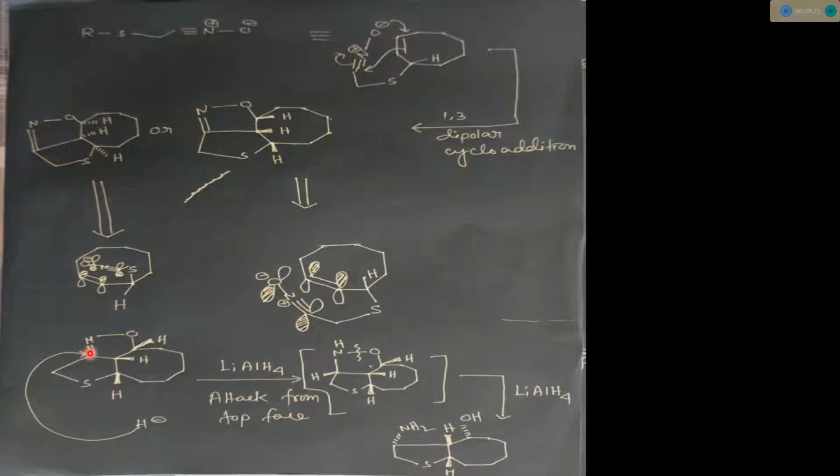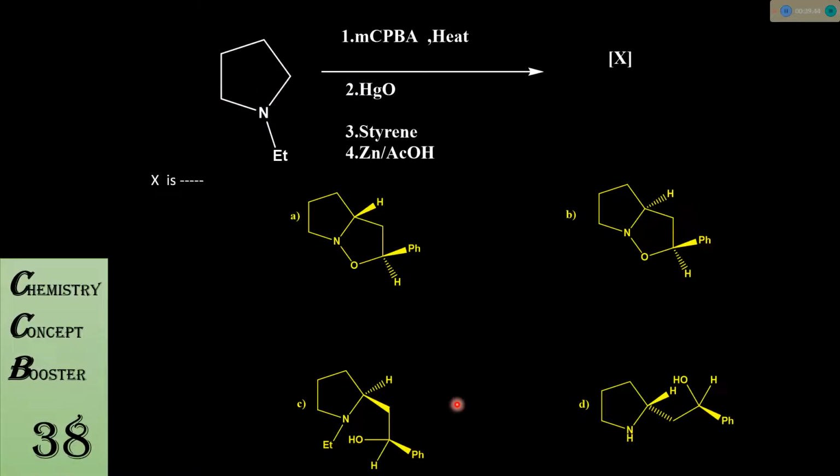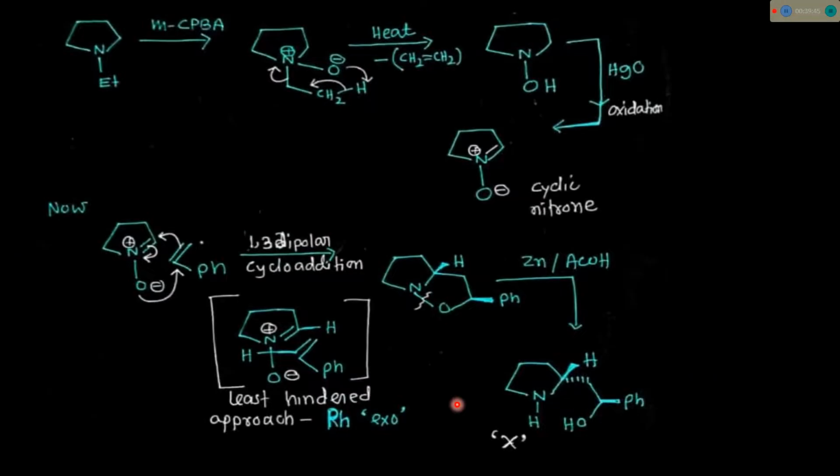One is attacking of this imine bond to form this simple amine. After that, the same lithium aluminum hydride does another job, the N-O bond breaking, to form this NH2 and OH. In this case they use zinc and acetic acid for this N-O bond breaking.